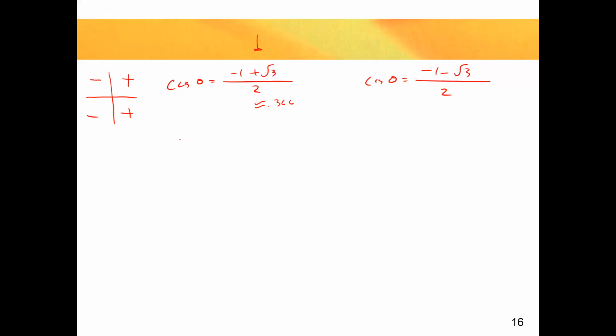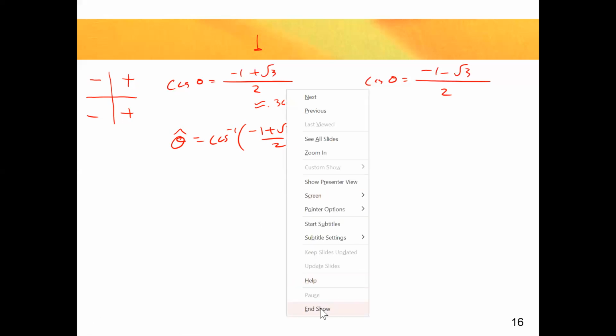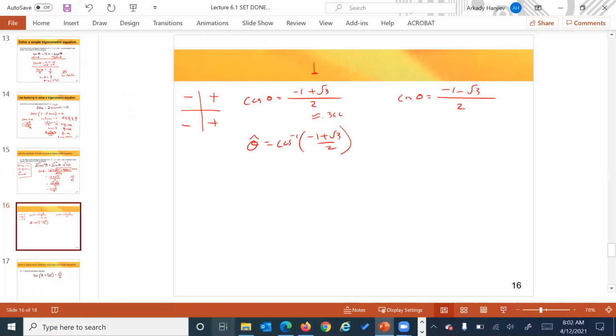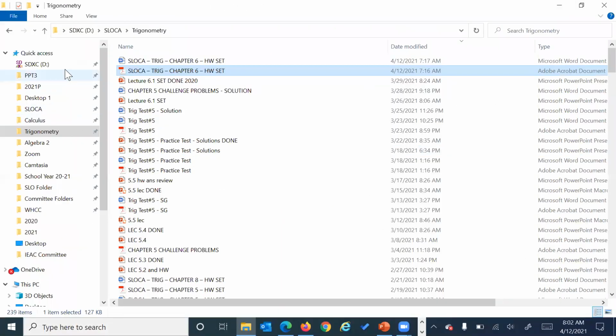So what we're going to do is say theta hat, I like hats, equals cosine inverse of negative 1 plus root 3 over 2. You can do one of two ways in the calculator here.